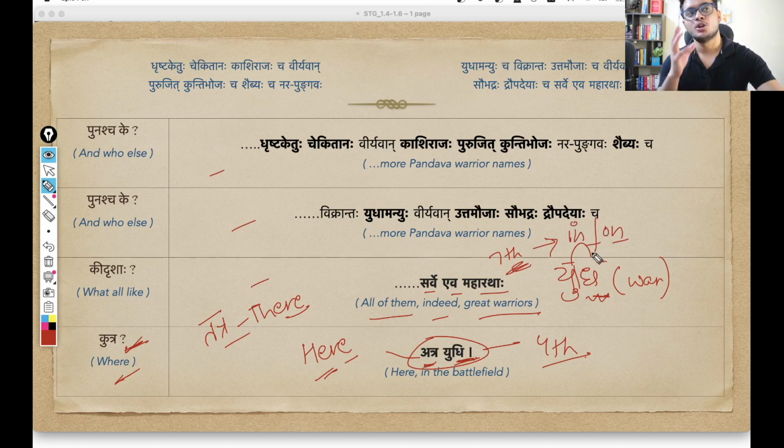In Kurukshetra, on the battlefield. So we use the seventh case. In the seventh case, yudh becomes yudhi. So it simply means here in the battlefield. So all of these warriors that Duryodhana is mentioning, he is saying that here in this battlefield, you see all these warriors that are present in the Pandavas' army. And then he calls out the names of the prominent warriors.